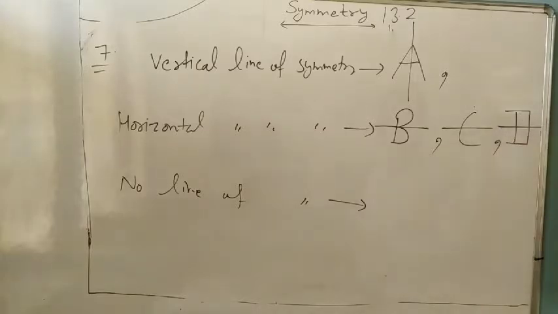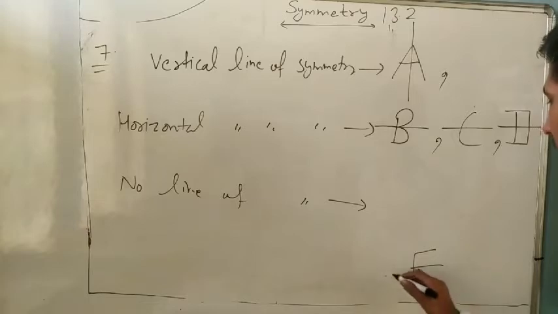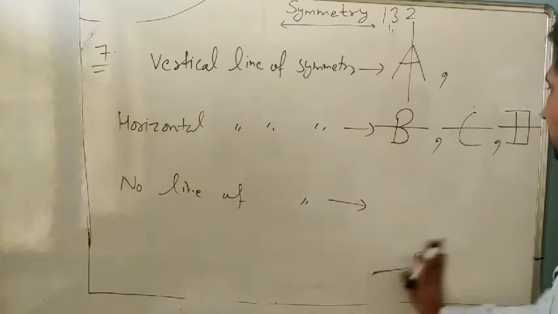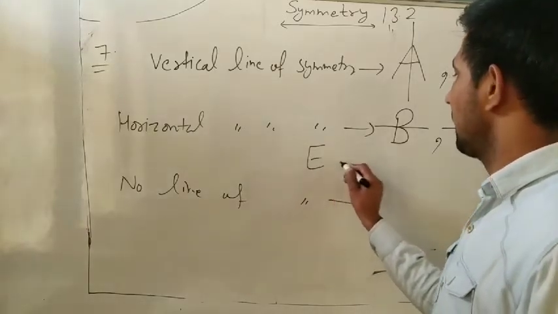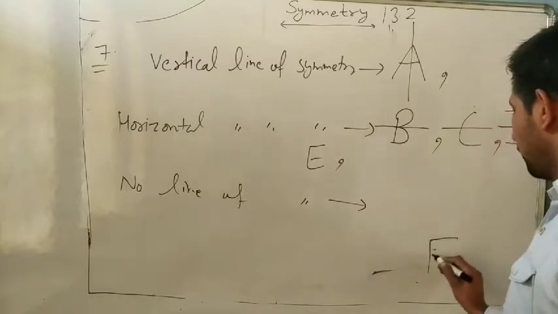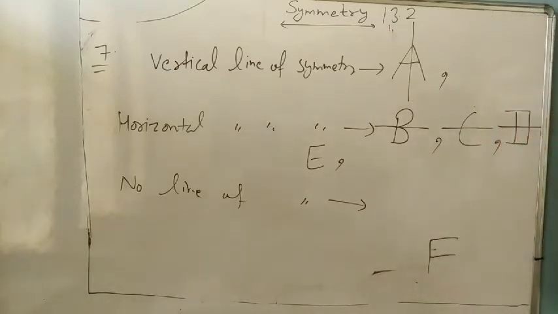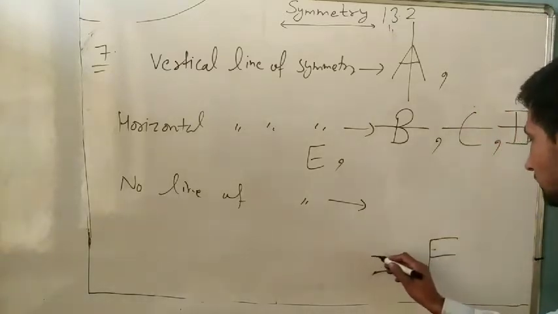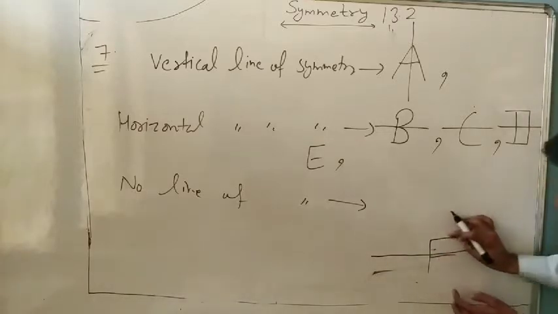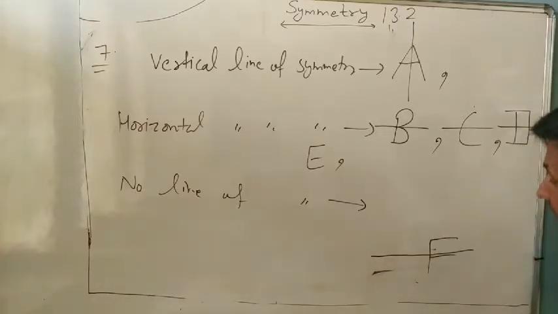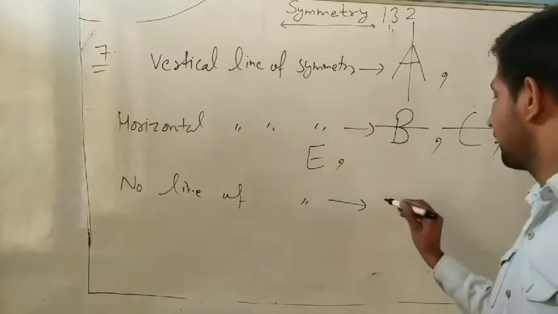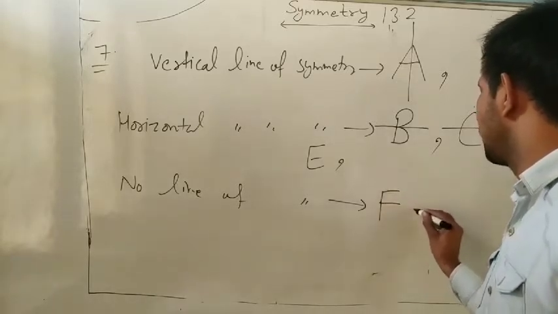But E, tell me. So check it. E vertical is no, only horizontal. So write E. Now F. Do you know which line of symmetry F has? If you take horizontal, the upside is different from the downside. So it means F has no line of symmetry.